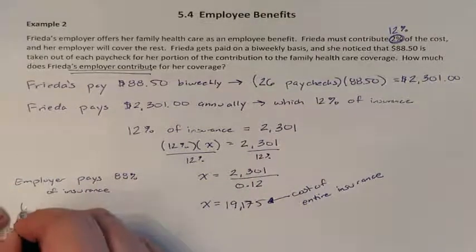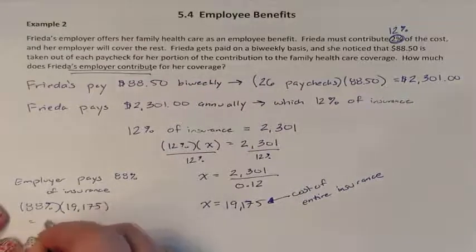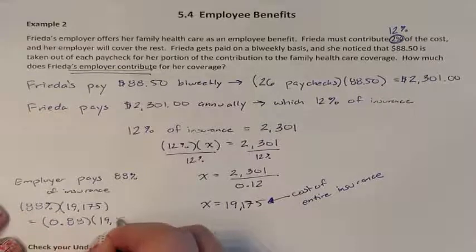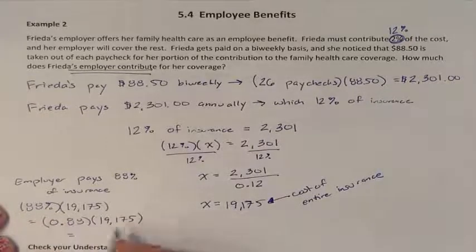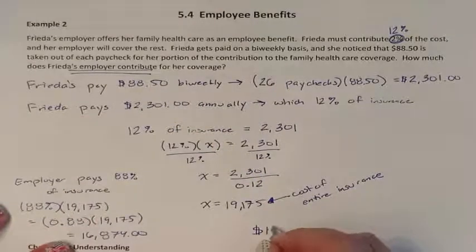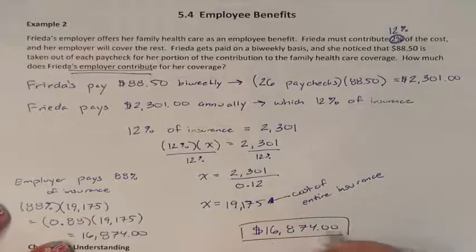So 88% of this insurance, we can't put 88% into a calculator, so you have to put it as a decimal. 88% of the insurance is $16,874. So the question was, how much did the employer pay? This is the answer. $16,874 is how much the employer will pay.